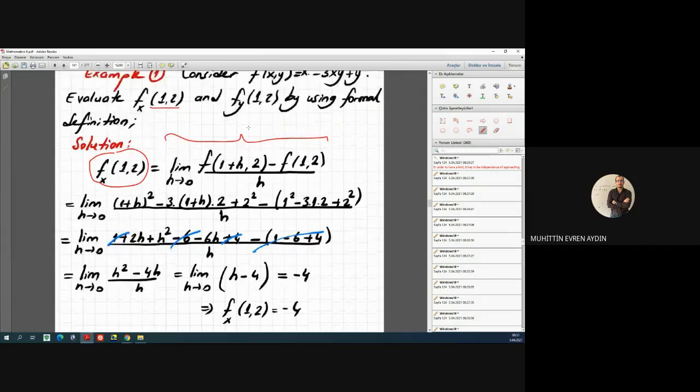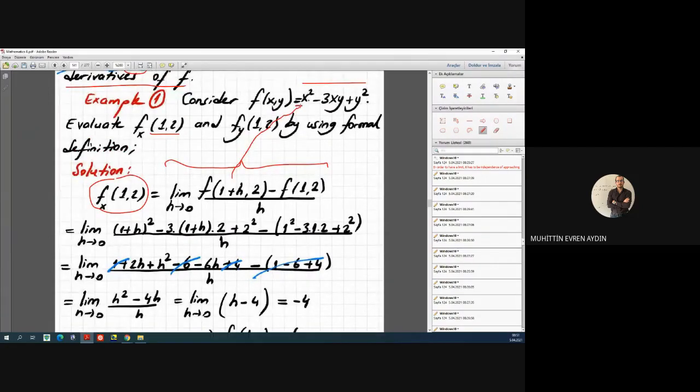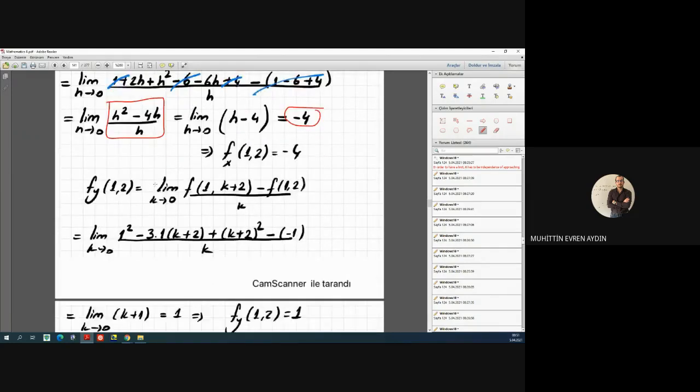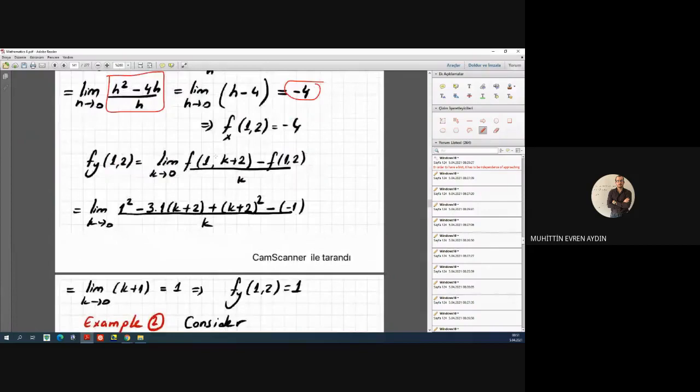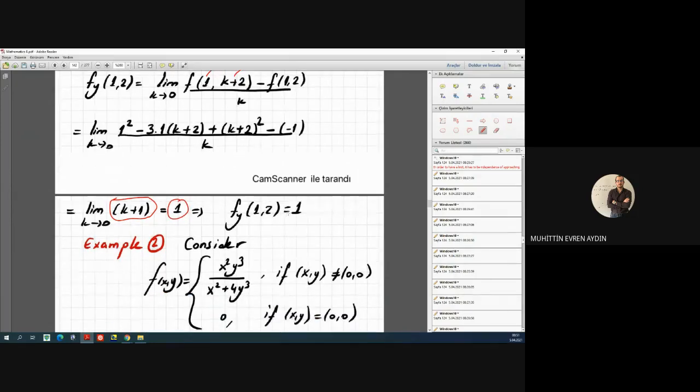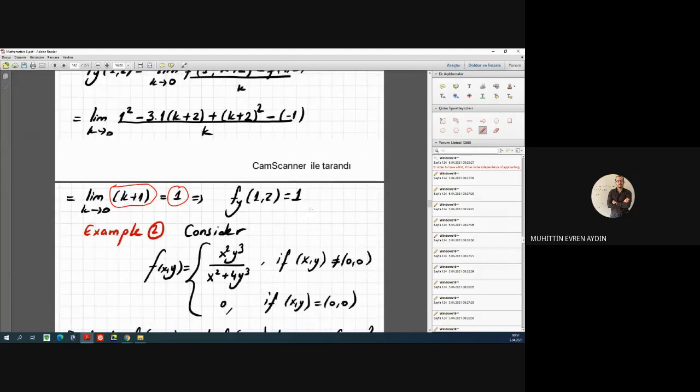If we replace x with 1 plus h and y with 2, then you obtain this function, and its limit at the point 0 is minus 4. And symmetrically, if you replace x with 1 and y with k plus 2, you obtain this function, and its limit at the point 0 is 1. Those are the values of the partial derivatives.